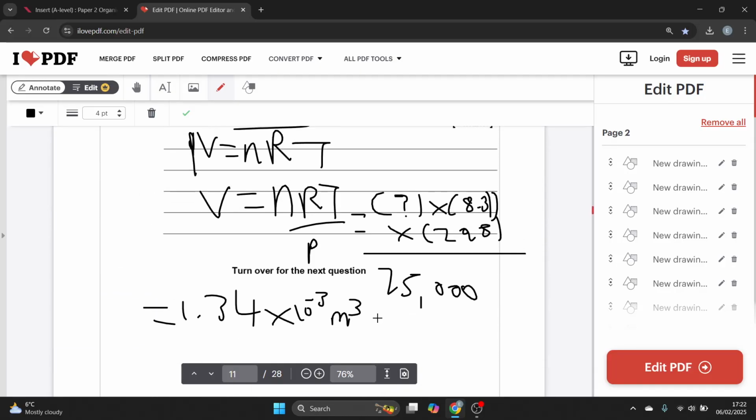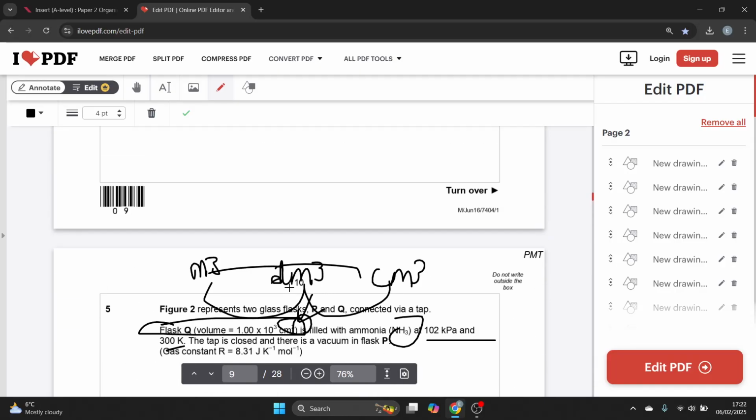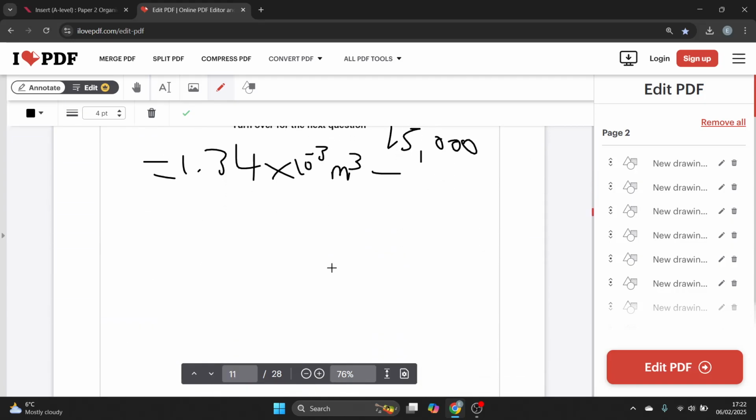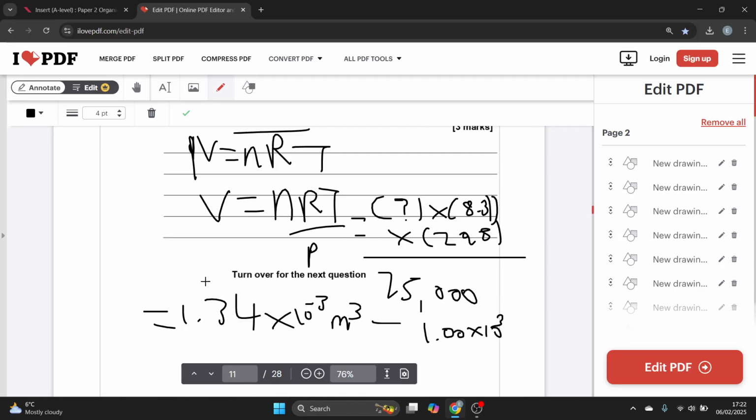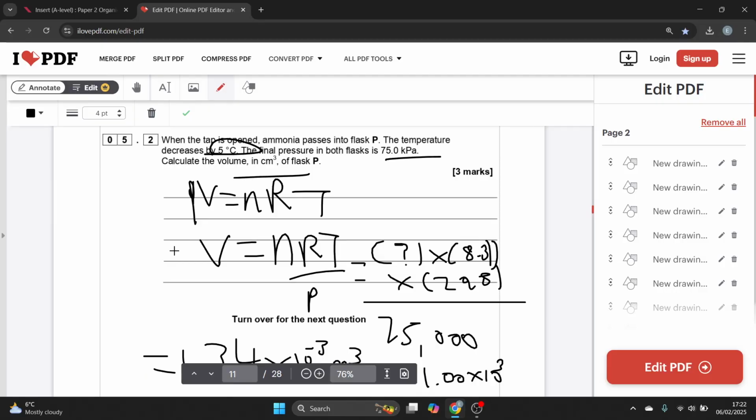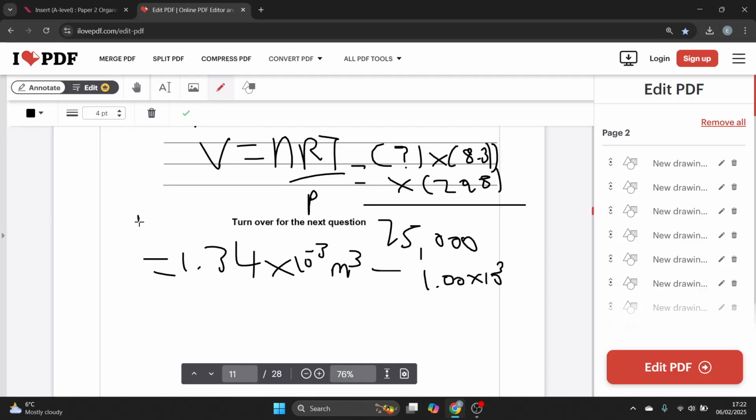Minus flask Q, 1.00 times 10 to the power minus 3. So I need to convert meters cubed into centimeters cubed, and again I just draw that out: dm cubed, meters cubed, centimeters cubed. I want to go from meters cubed to centimeters cubed, so I have to times by a million.